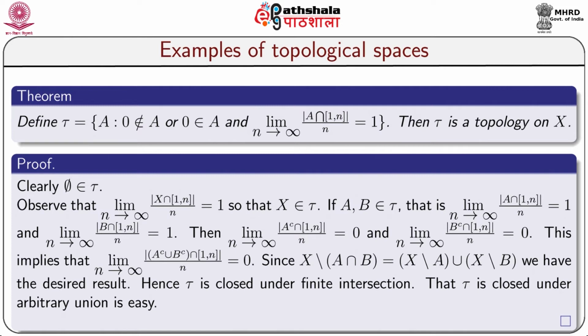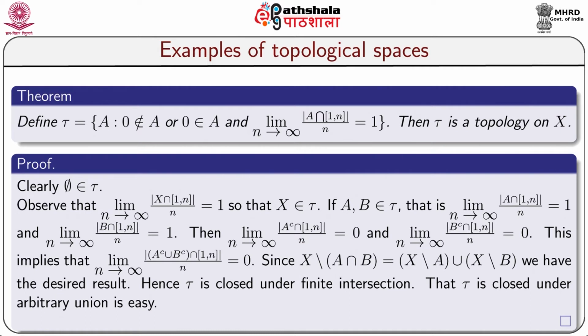Then the limit of the cardinality of A complement intersection {1, ..., n} divided by n is equal to 0, and the limit of the cardinality of B complement intersection {1, ..., n} divided by n is equal to 0.